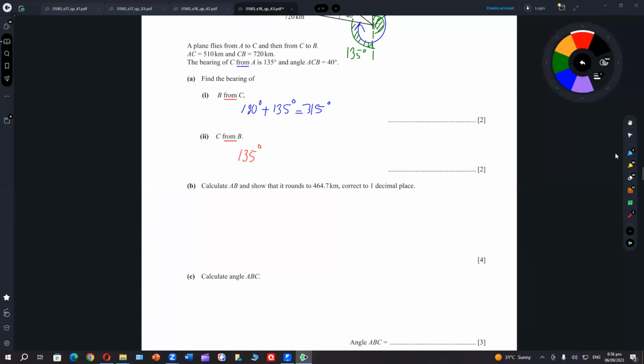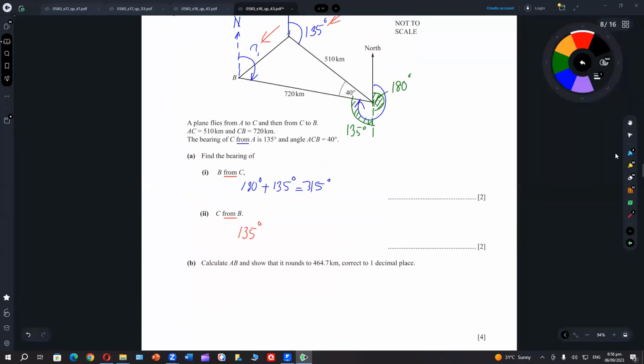Calculate AB and show that it rounds to 464.4 kilometres to one decimal place. Calculate AB.